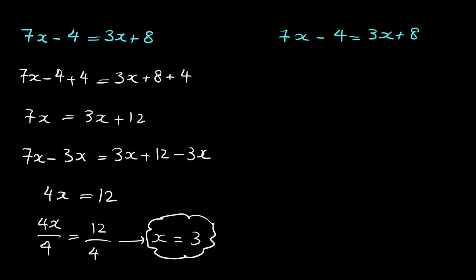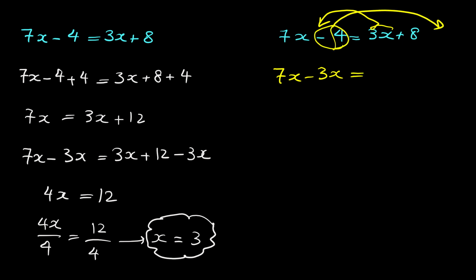So here we write the equation in this form. We keep 7x on the left. We move this to the left. So 7x minus 3x. Don't forget, when you move a term from left to right or right to left, you have to change the sign of that term. So now we have 7x minus 3x equals, what happened to this? We want to move it to the right.